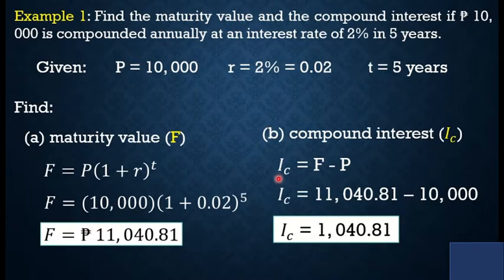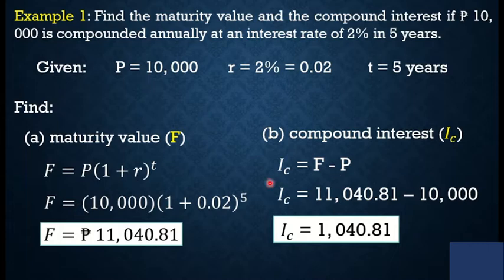When getting the compound interest, I sub C equals F. Our F is the future value, the maturity value, minus the P, the principal.